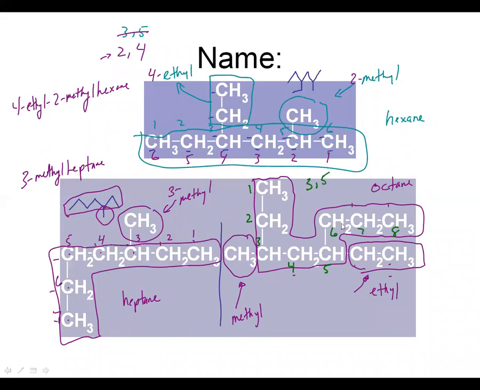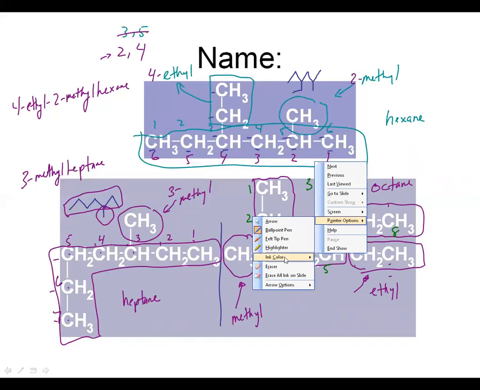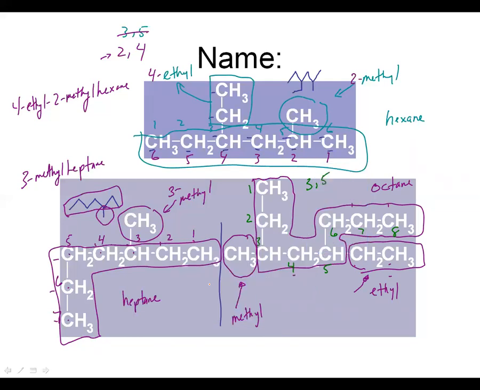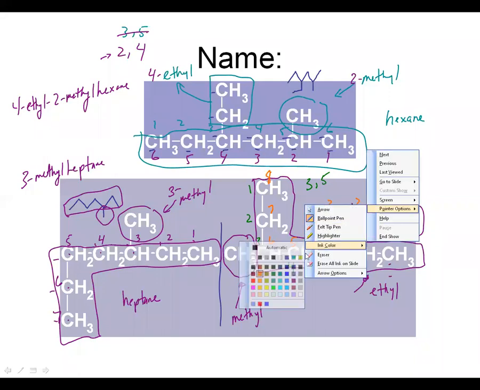If we number in the opposite direction, 1, 2, 3, 4, 5, 6, 7, and 8, we have a group at carbon number 4 and carbon number 6. So again, it looks like the green way is going to give us the lower number, which is what we're looking for.